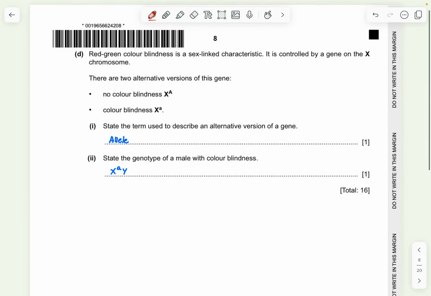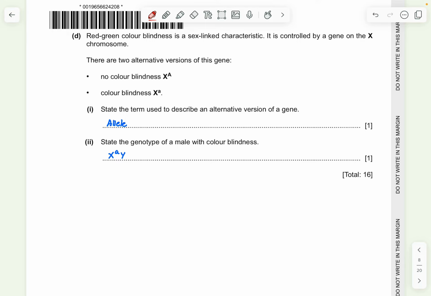Next one, red-green color blindness is a sex-linked characteristic. It is controlled by a gene on the X chromosome. There are 2 alternative versions of this gene: no color blindness, X capital A, and color blindness, X small a. When you realize this is a sex-linked characteristic, it will involve both males and females.